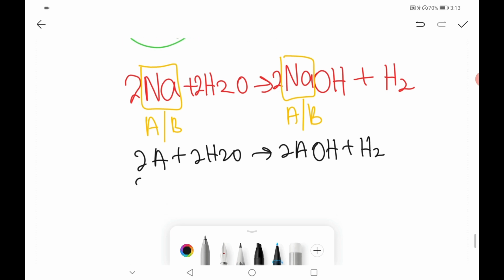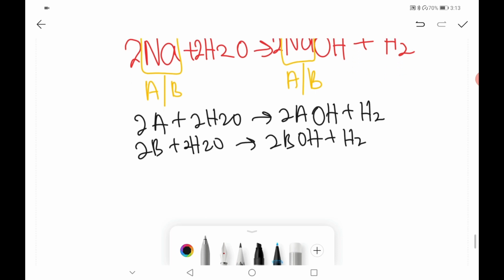You also can write 2B + 2H2O → 2BOH + H2. So this is one of the answers you can give.